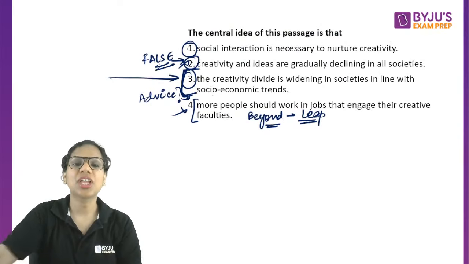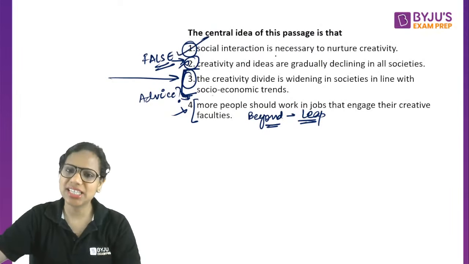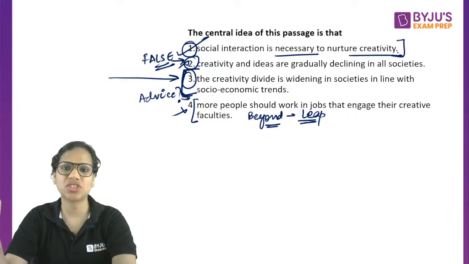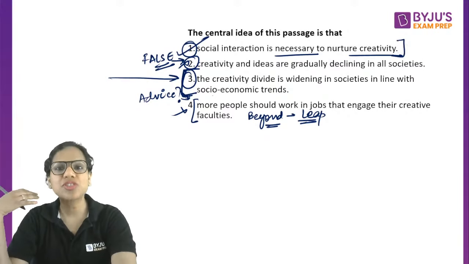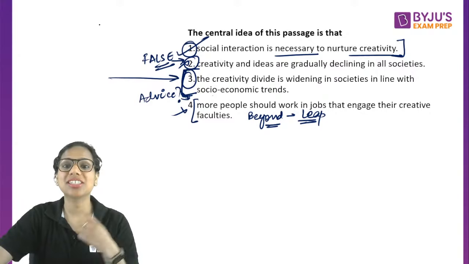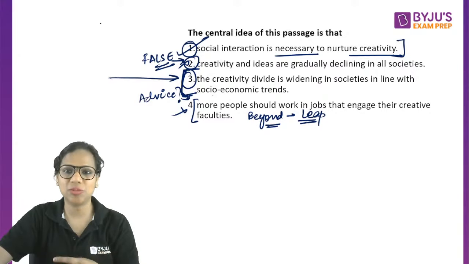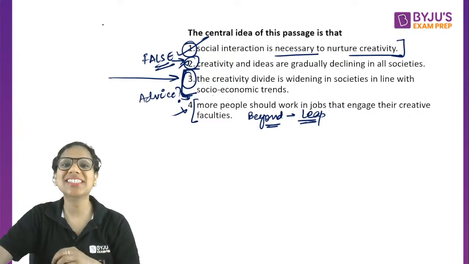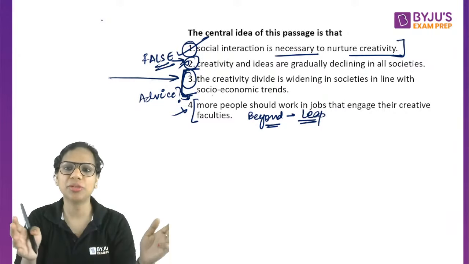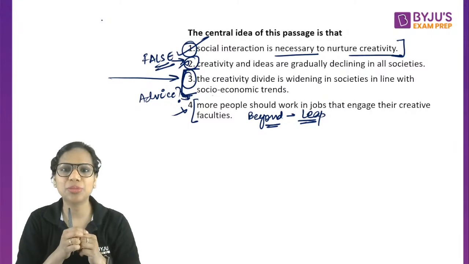Those who said 1: social interaction is necessary to nurture creativity. That is the essence, the heart of this passage. That is what the author emphasizes a lot in the first paragraph also, that creativity is a social process. That is why the author says that cities foster creativity, because cities involve interactions. That is why the author says that if there is a social divide and economic divide, then creativity will be hampered.